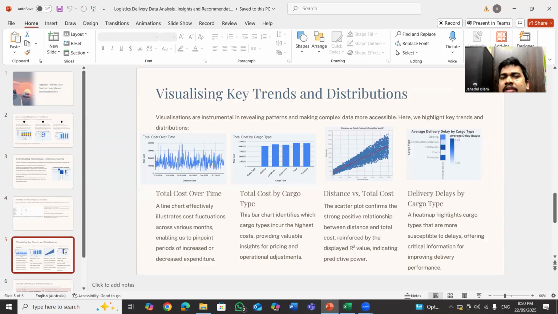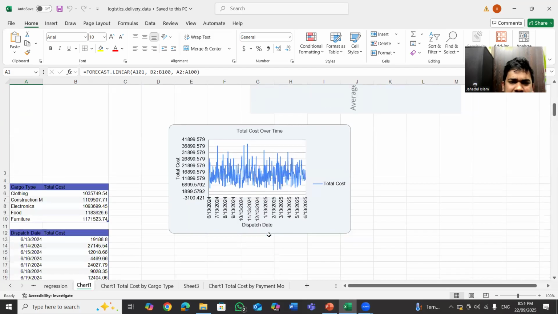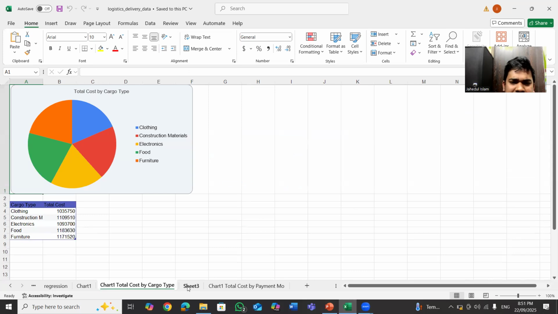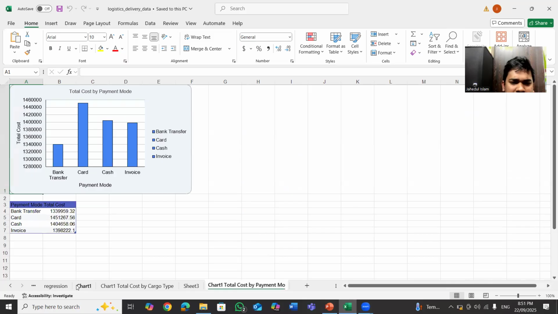And this is the visualization of key trends and distribution. So we visualize the total cost over time, total cost by cargo, distance to total cost, and delivery delays, like in cargo type. So in the Excel file, if you go through all of these, this is all of the charts and all.